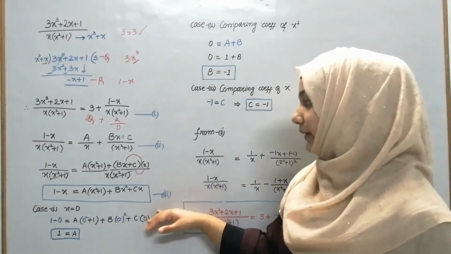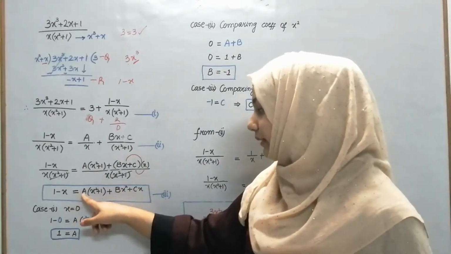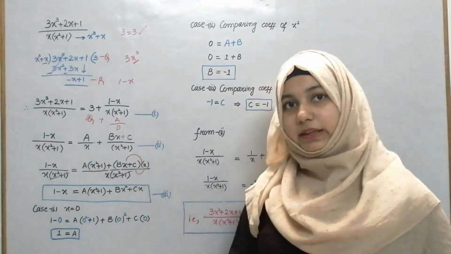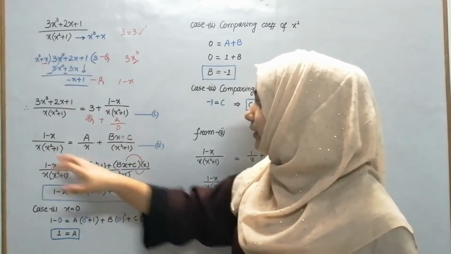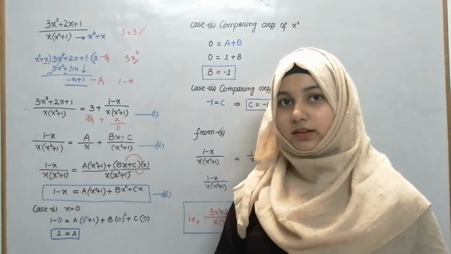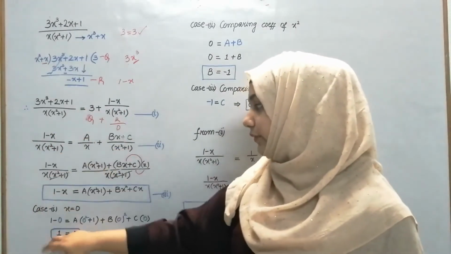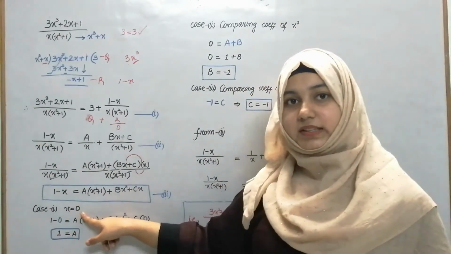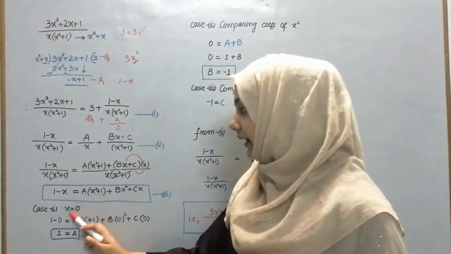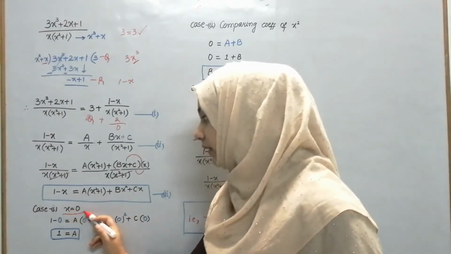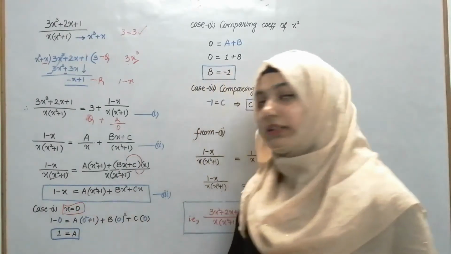Now once I get my equation 3 here, I am going to find out the values of a, b and c. For finding the values, first what I am doing, see the factors I have are x and x square plus 1. So I'll take the first factor and equate it to 0. My first factor is x, so I'm equating it to 0. So x equal to 0. That means the value of x for now is 0.